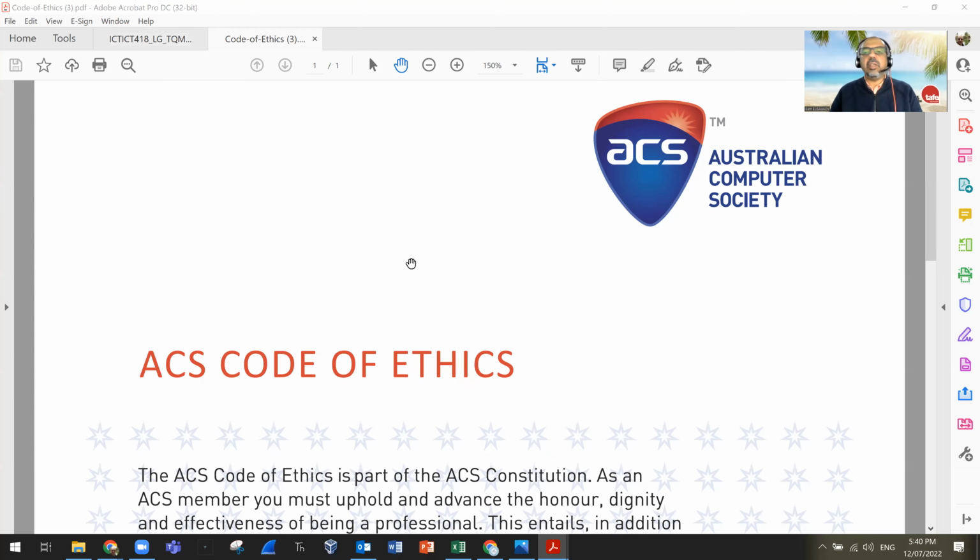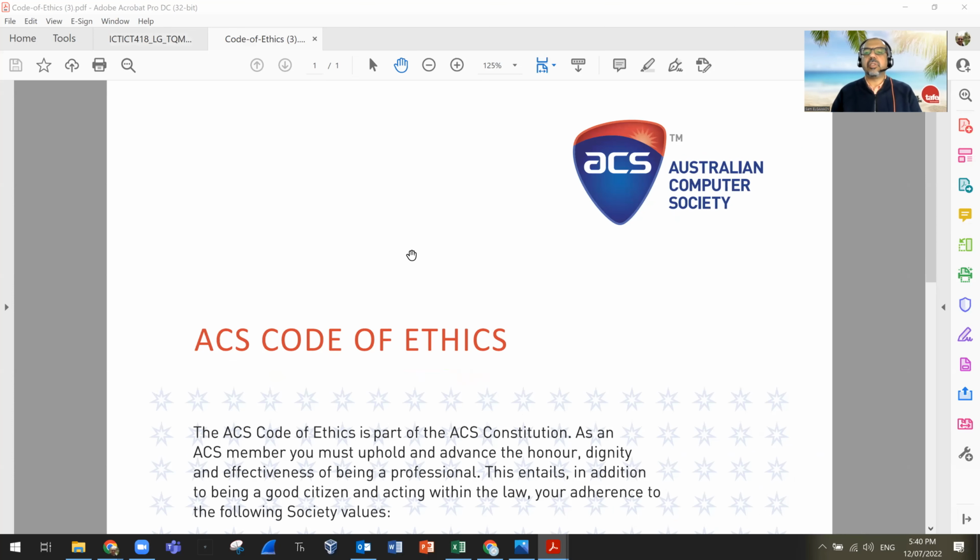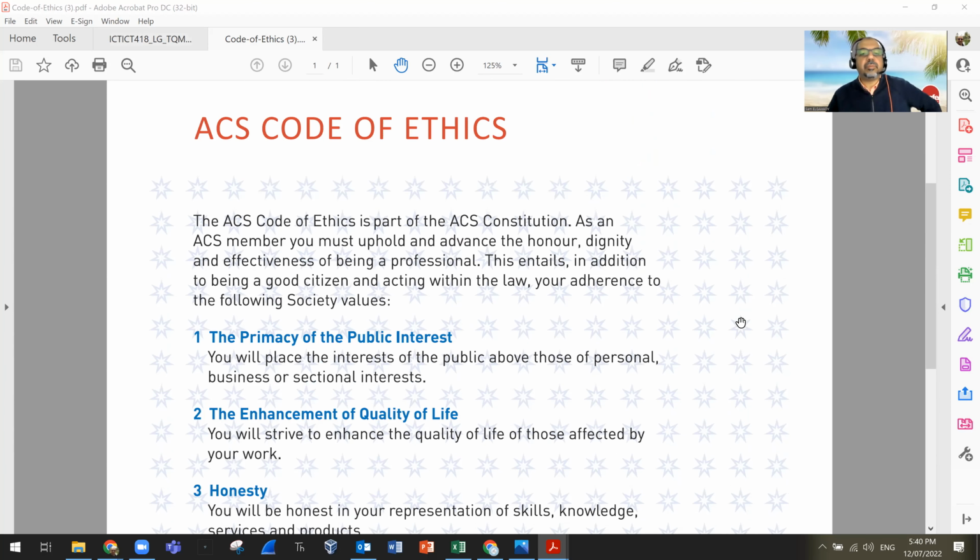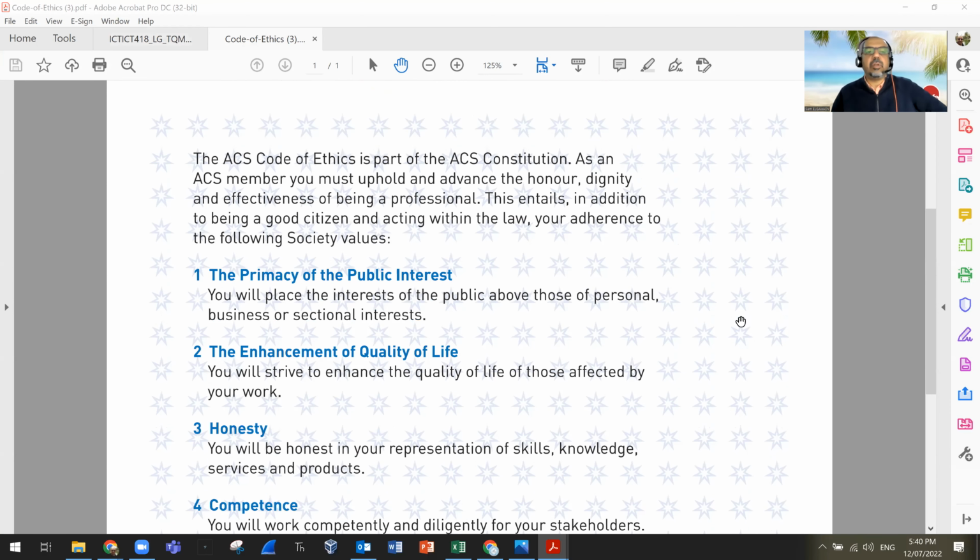So this is the Australian Computer Society Code of Ethics. It's just one page. So let's have a read together and see what is there. The ACS Code of Ethics is part of the ACS Constitution. As an ACS member, you must uphold and advance the honor, dignity, and the effectiveness of being a professional.